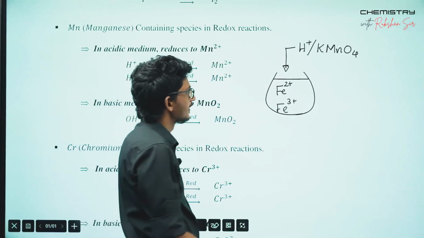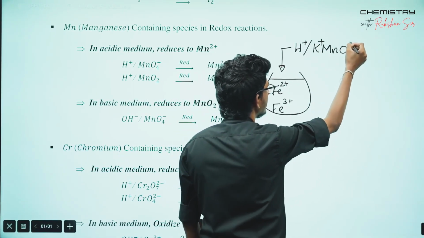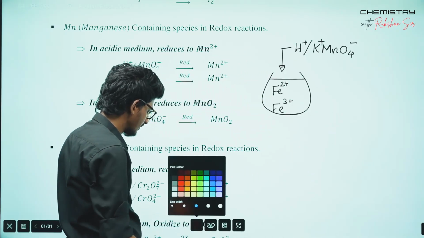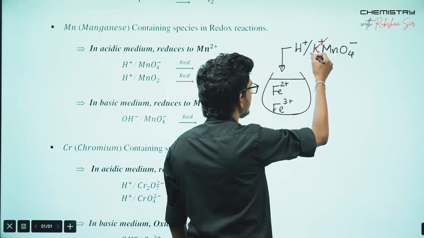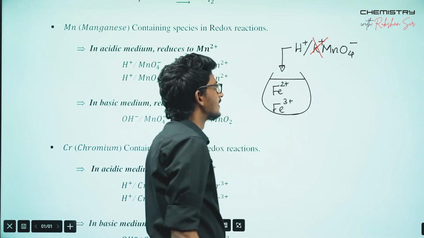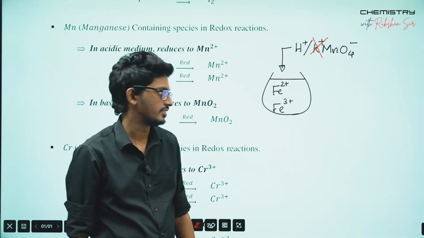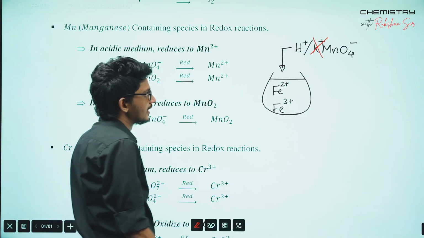H+ and KMnO4 means you have an acidic medium, K+ ion and the MnO4- ion. This K+ is not going to react in a redox reaction. It is an s-block species, and s-block species won't react in redox reactions in these chemical calculation questions.